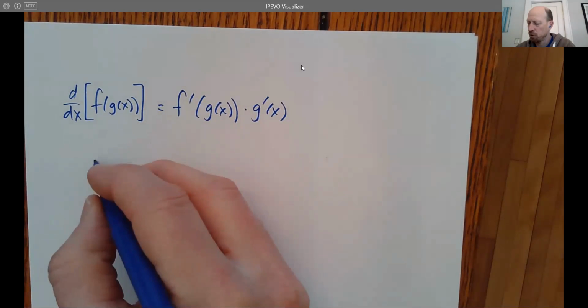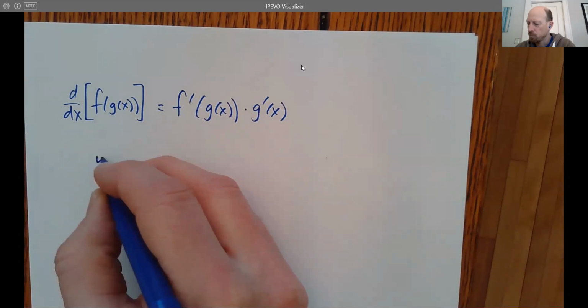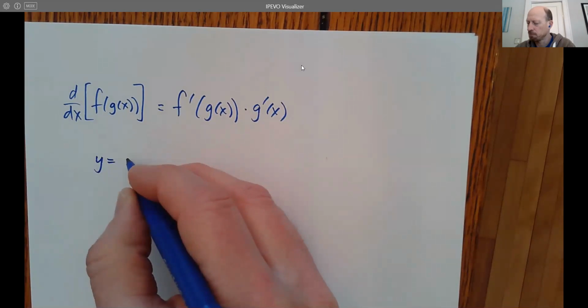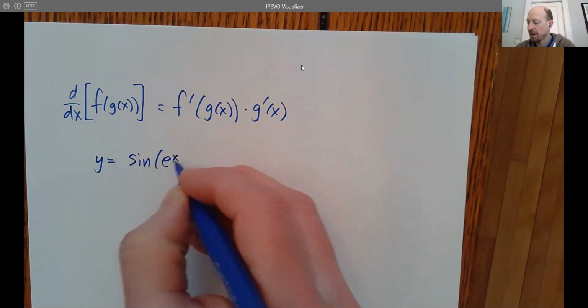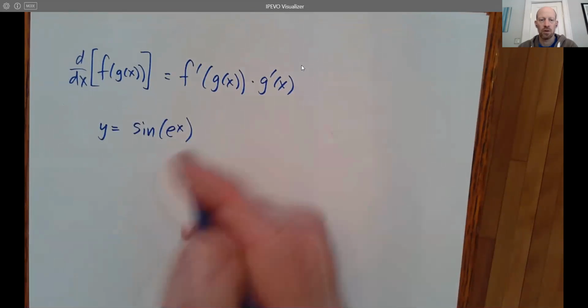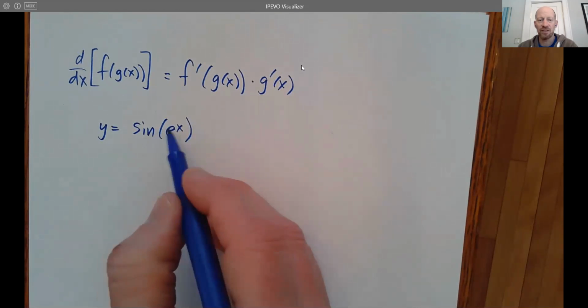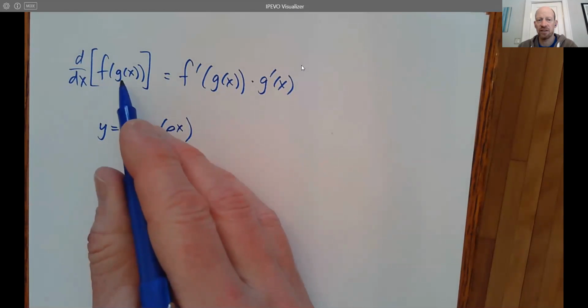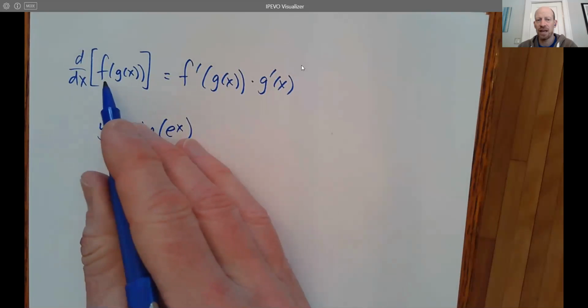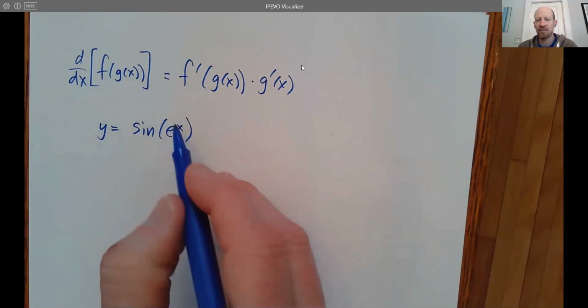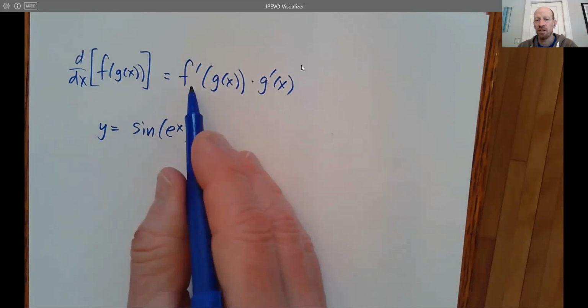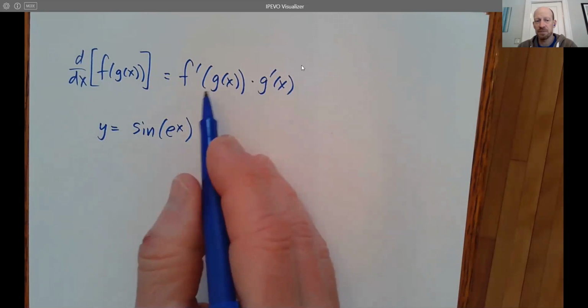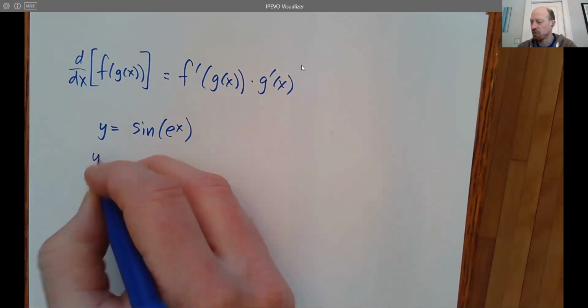So for example, if y equals the sine of e to the x, this is a nested function in this same structure. The sine function is the outside or the f, and the e to the x is the inside or the g. So this rule tells me exactly how I should take its derivative.